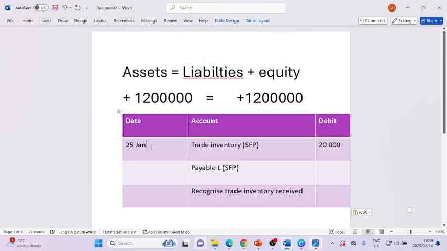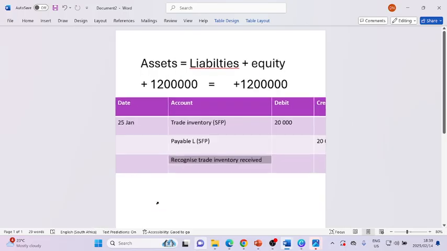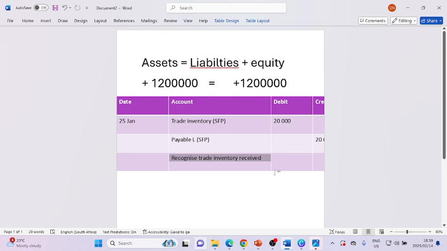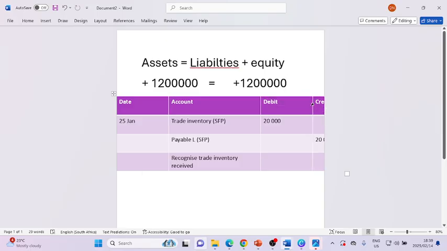So in this example that we had, this is way too big. Okay. Let's do this. Okay.